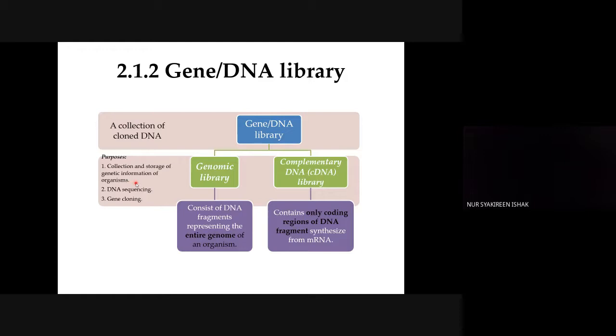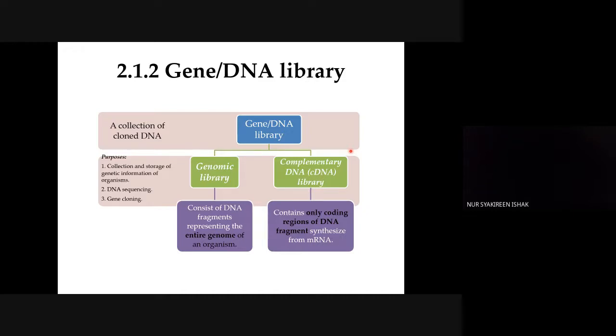Okay, so we have gene library for different species. And then purpose for DNA sequencing. So you want to know the DNA sequence for gene for insulin. So what is the DNA sequence for certain gene? Okay, so after you have known the sequence, then you can synthesize.